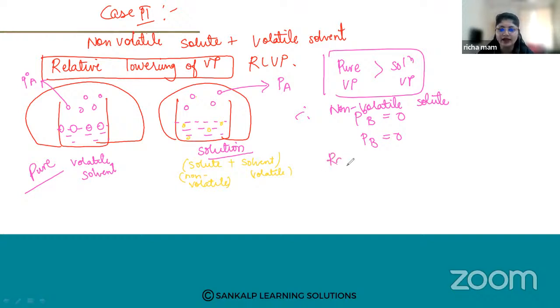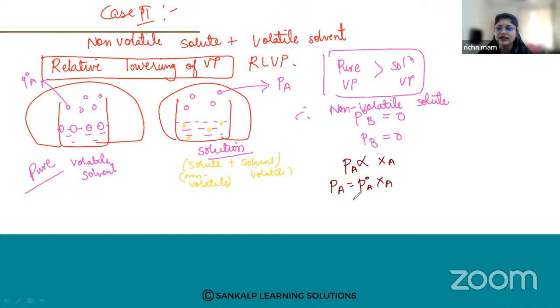When we apply Raoult's law for the solvent, how will it be? The partial pressure, the vapor pressure, will be directly proportional to psi of A. When we remove the proportionality sign, partial pressure will be equal to P naught of A into psi of A, right?